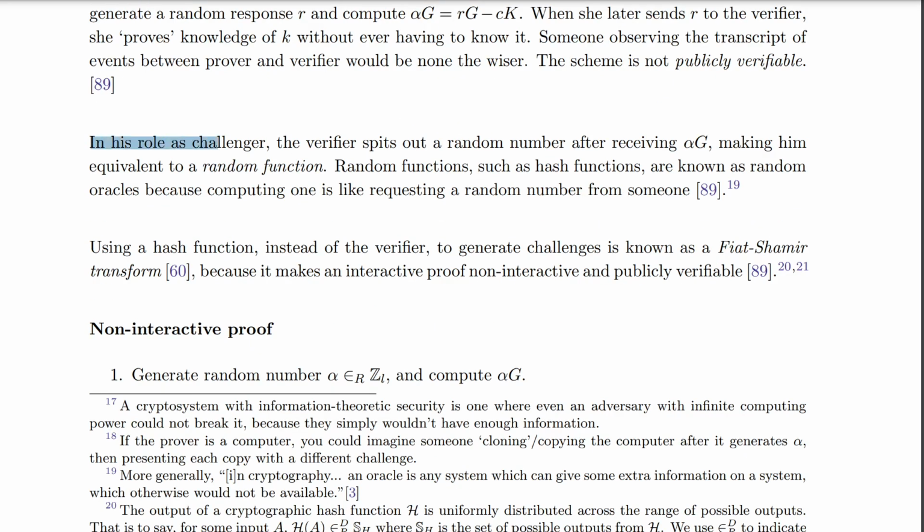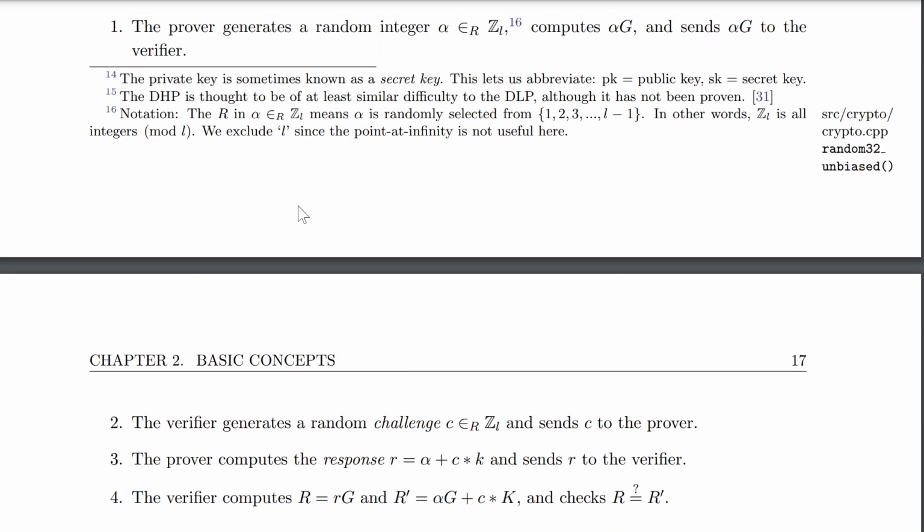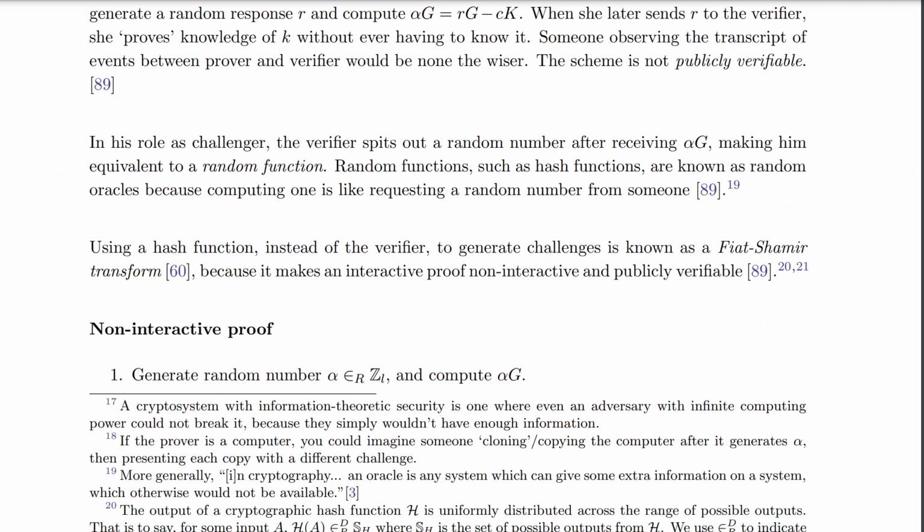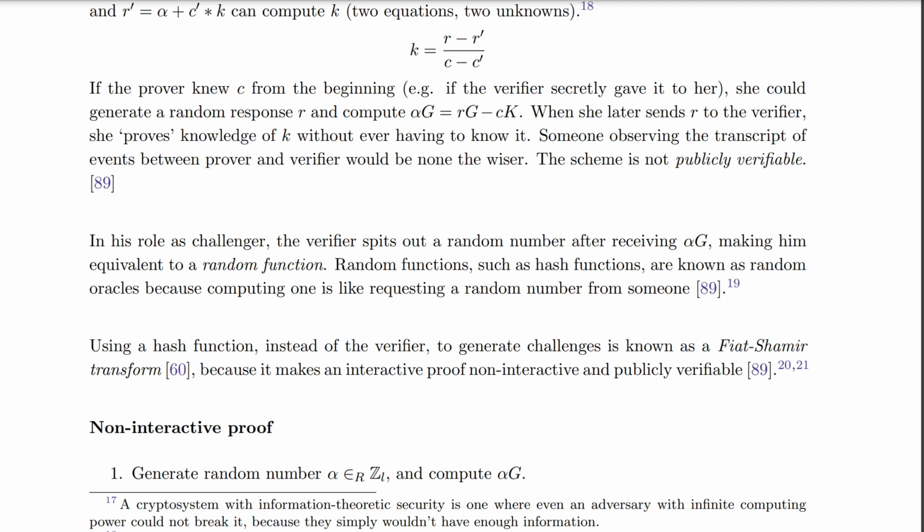So we note, as a challenger, the verifier is just spitting out a random number. That's what we're talking about here, where the verifier is generating this random challenge C that exists in the field we're interested in. But if you think about it, in a non-interactive way we could potentially generate a random number, and in that fashion, we have these hash functions that we've discussed a little bit so far. If we're interested in a random function that we're going to insert to auto-generate a challenge, we can do that with a hash function.